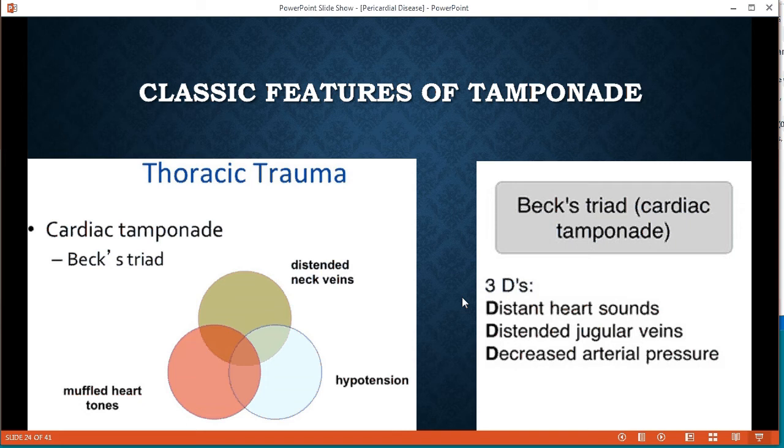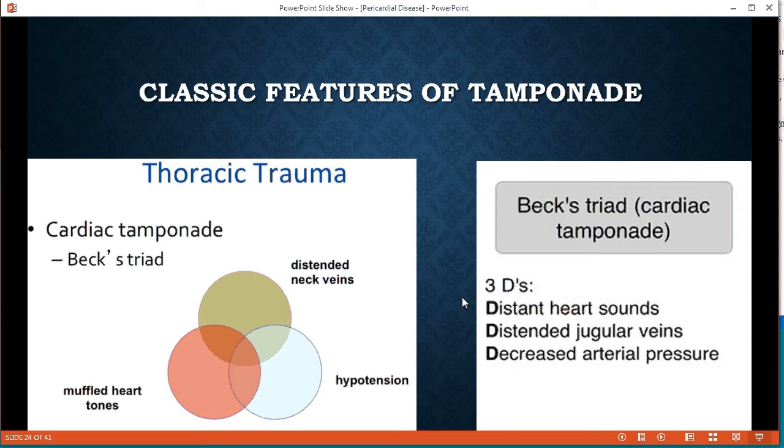So you're going to see distended neck veins, and you're going to see that because blood is going to be backing up. You get that inflow obstruction into the atrium and ventricles, and so you're going to see distended neck veins. All right, you're going to see that hypotension with that narrowed pulse pressure. It's not delineated on the slide, but think about that narrowed pulse pressure. So instead of seeing a blood pressure of 90/40, you may see 90/70.